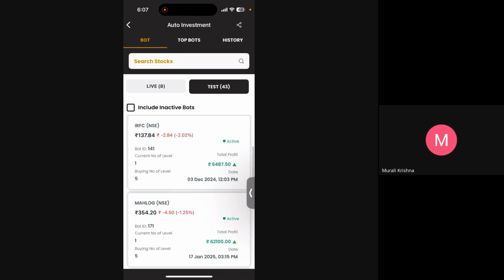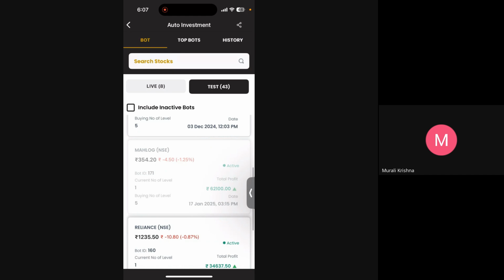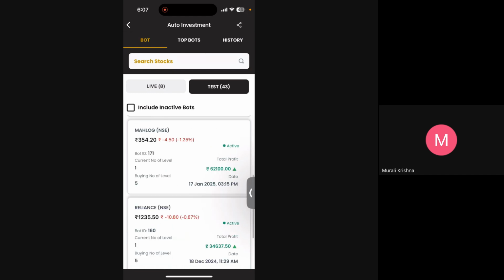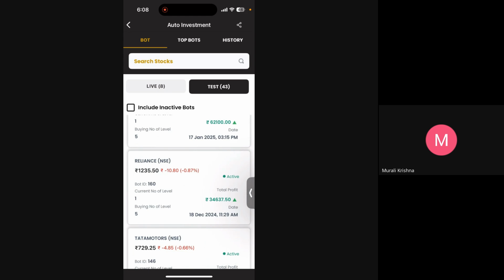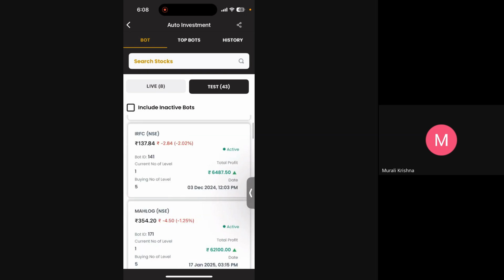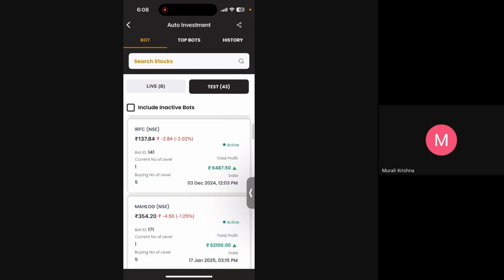You will have all the bot details; I will show you in detail once we get into the bot creation. Mahindra Logistic has already booked 62,000 profit, which was created on 17th of January. And Reliance has booked 34,000 profit, which was created on the 18th. So it is all sorted date-wise.